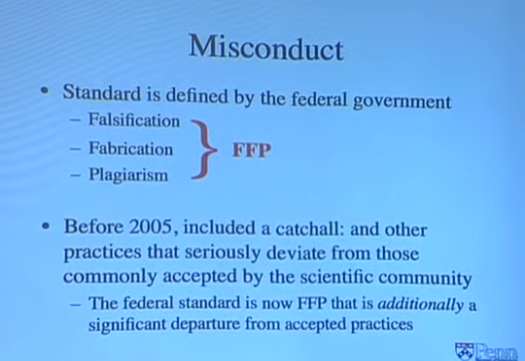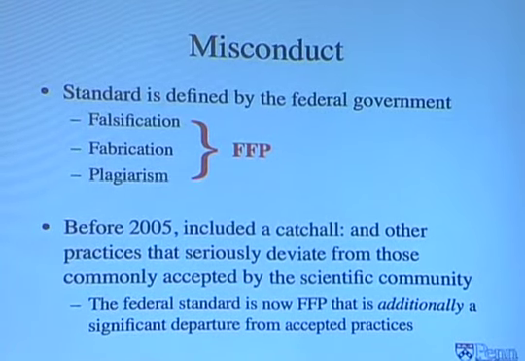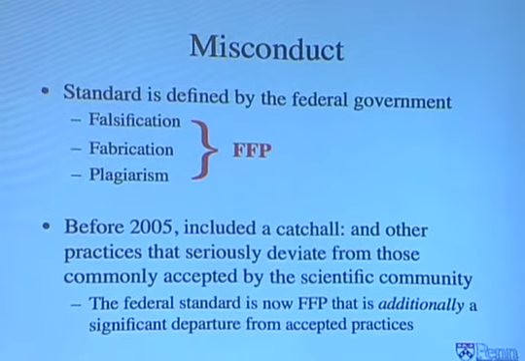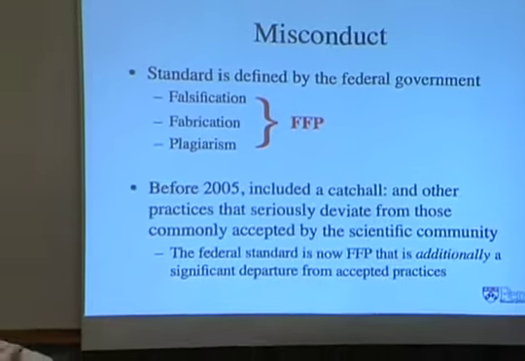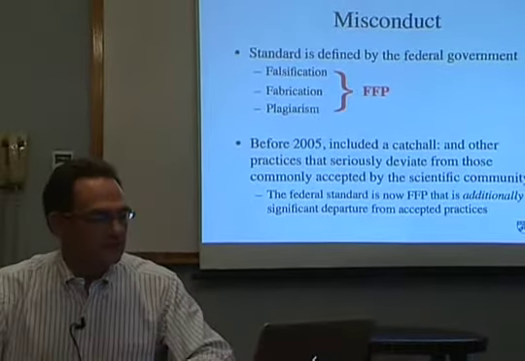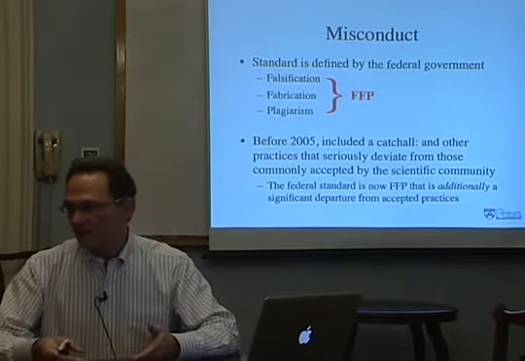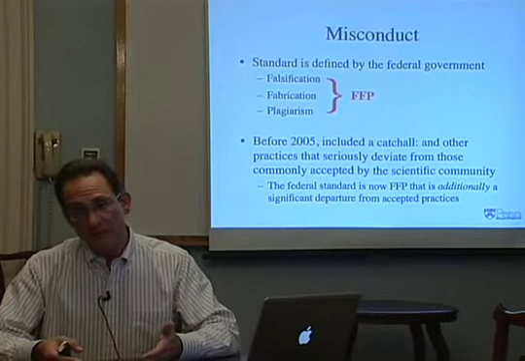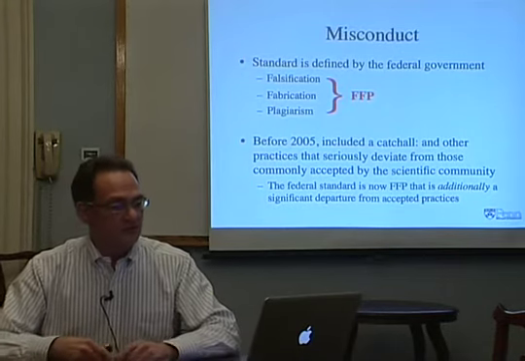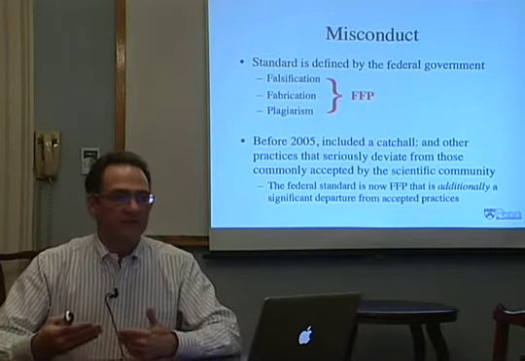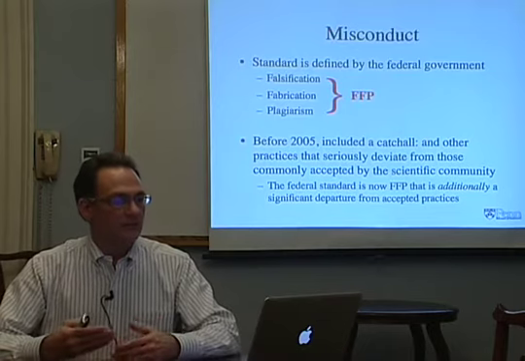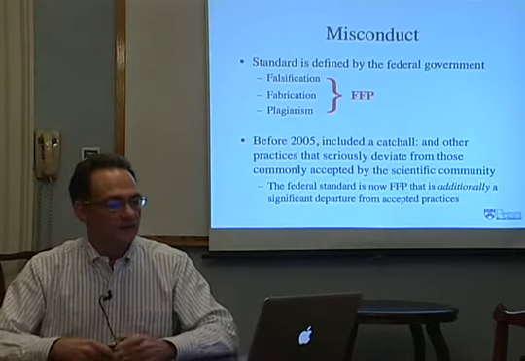So what is misconduct? Typically, like I said, it's basically the two things where you're undermining these core values of science. And this has been basically embodied by the federal government, because the federal government provides so much money for paying for research. They've stepped in and defined misconduct, since the 70s, actually 80s.